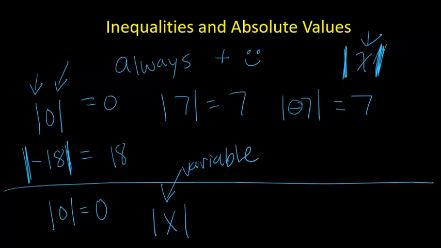It's supposed to be some random number that's positive. If it's positive, it's going to come out positive. If it's negative, like -7, -2 million, -18, it's always going to come out positive. So that's kind of the game here.